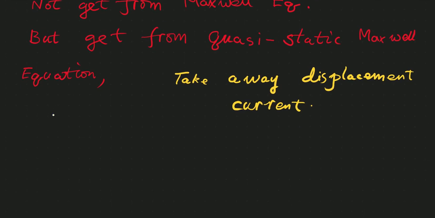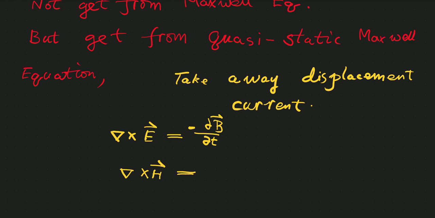So, for example, Faraday law is still here. But for Ampere's law, just this.